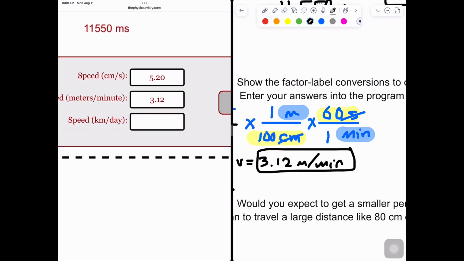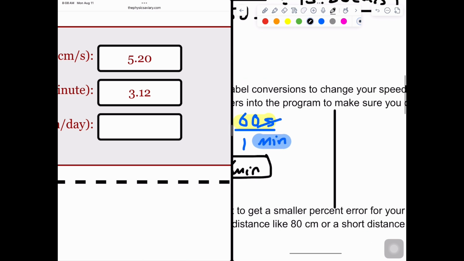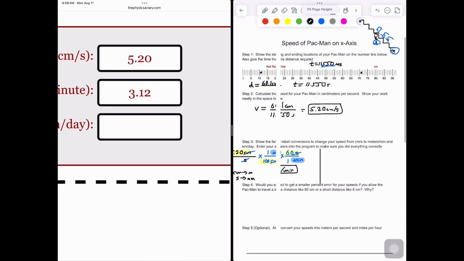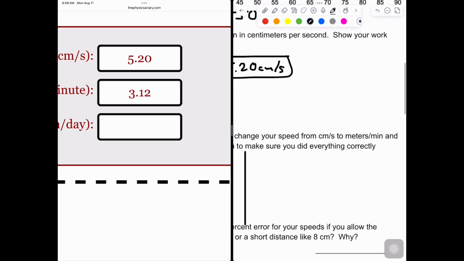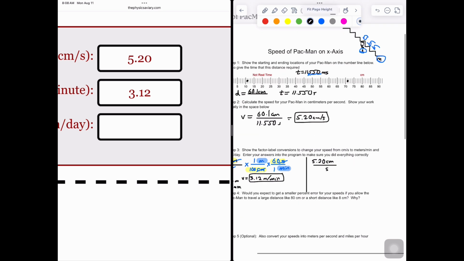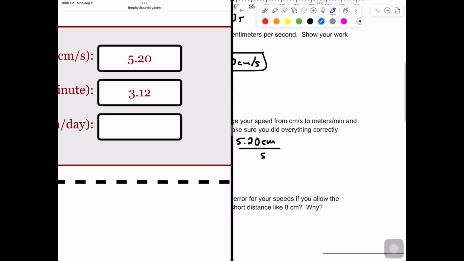And then my last entry, I need to calculate in kilometers per day. Okay, so I'm going to go 5.20 centimeters per second. Now for this, it's going to take me a few steps, a few conversion factors I have to multiply.